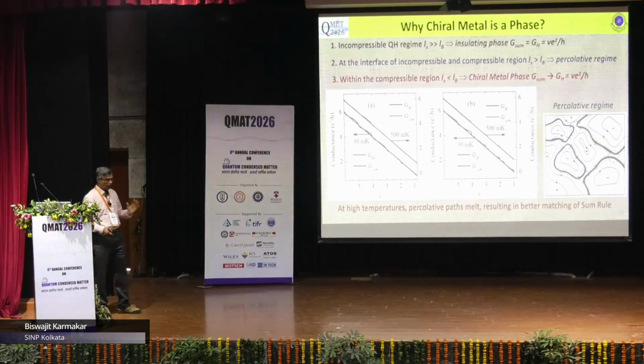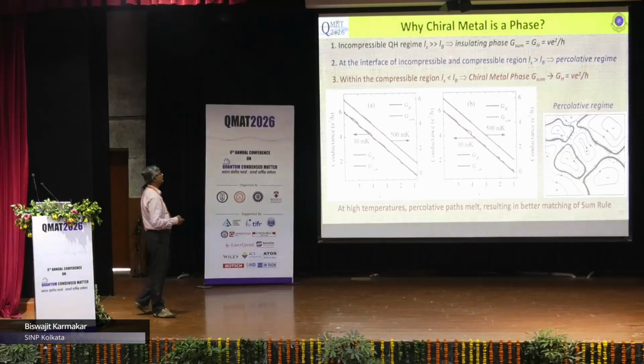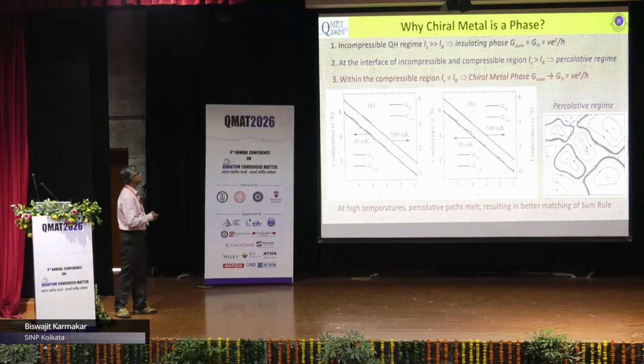So now why are we calling it a phase? Because in the incompressible quantum Hall regime there is a low density of states, the screening length is very high. Okay, so Ls greater than Lb, and this G sum is basically the quantum Hall conductance, which is okay. And at the interface of incompressible and compressible region, there could be the crossover. Ls greater than Lb, there is a percolative regime like this.